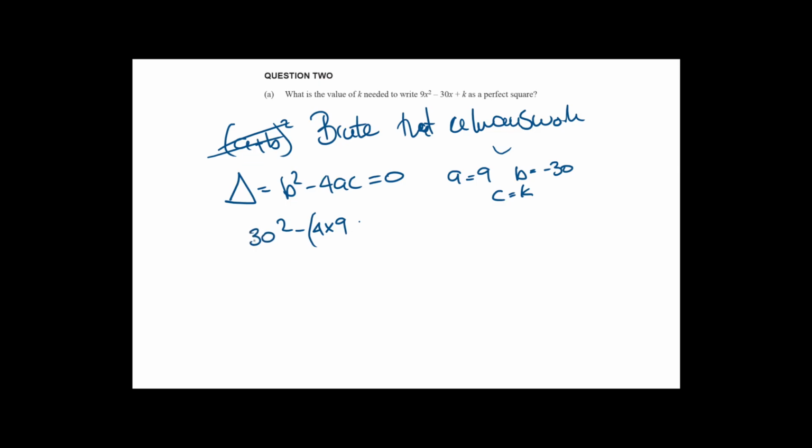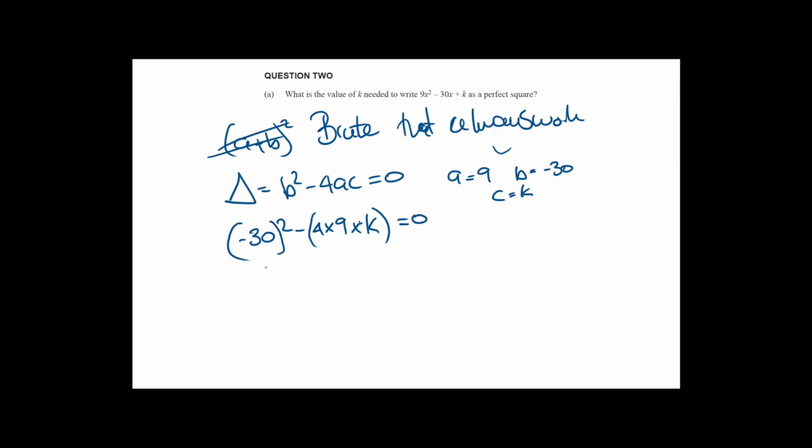Actually, it won't matter, because minus 30 squared is the same as 30 squared. Minus 4 times 9 times k, and that's going to equal 0.